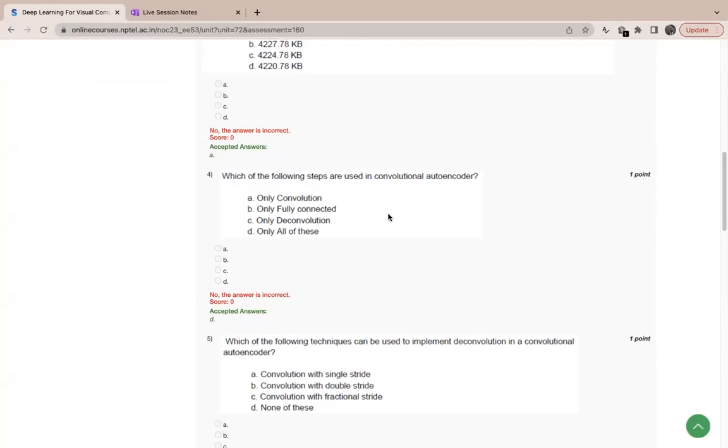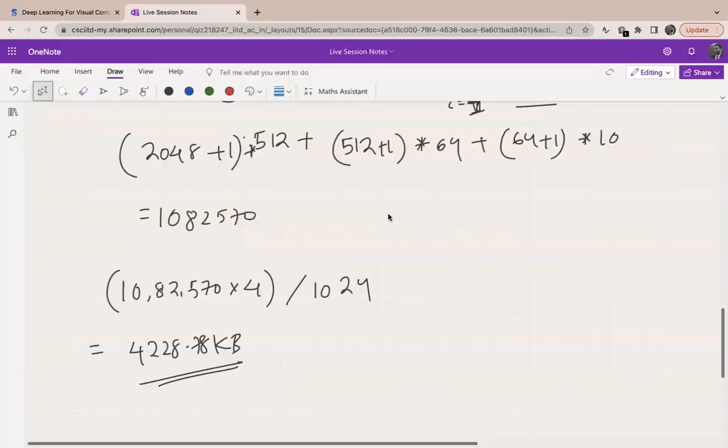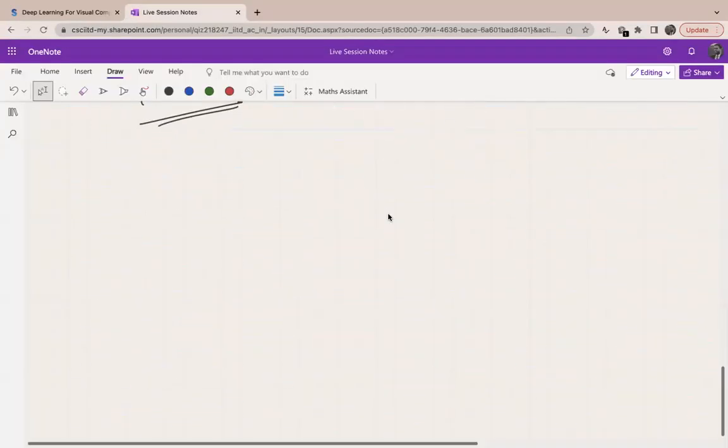Which of the following steps are used in convolutional autoencoder? So we discussed autoencoder, and autoencoder was the center of discussion for quite a long time initially in this course. But since we have now developed methods for reading images, basically CNN, we have designed convolutional autoencoder instead of vanilla autoencoder.